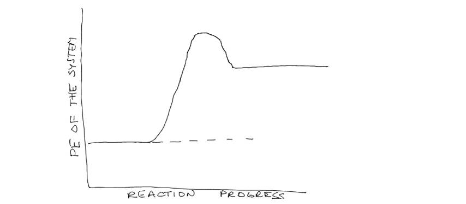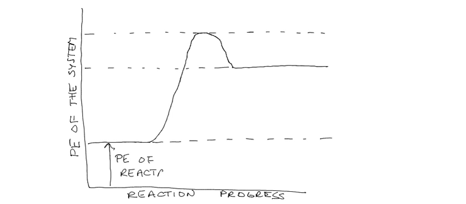We can put our dashes in to help us with the reference. But it's labeled pretty much the same. Potential energy of reactants. Potential energy of the products.